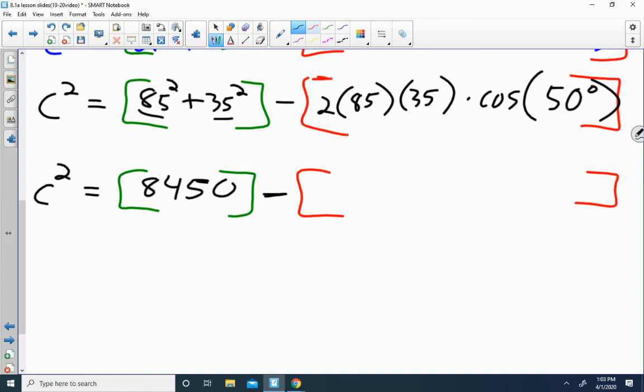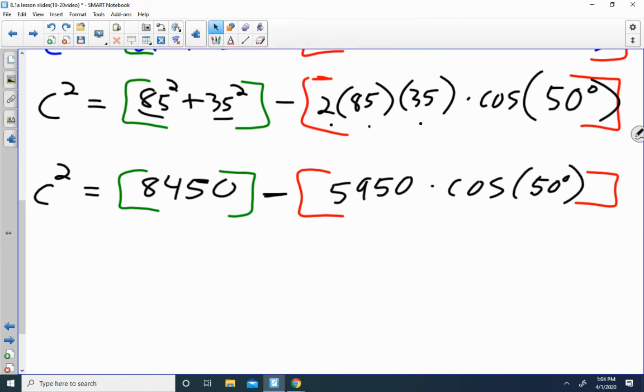Moving on to the next part, I have to do 2 times 85 times 35. That should give me 5950 times cosine of 50 degrees. All right, continue from here.